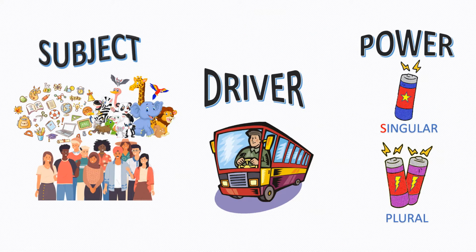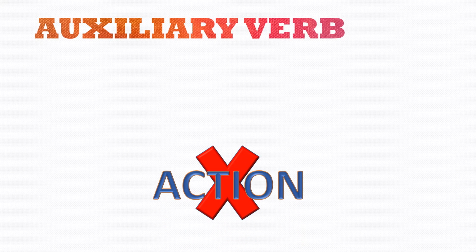Now that you have been introduced to the three important terms, driver, subject, and power, we can now talk about auxiliary verbs. Usually, when you hear the word verb, you would automatically think about actions. However, auxiliary verbs do not show any actions.